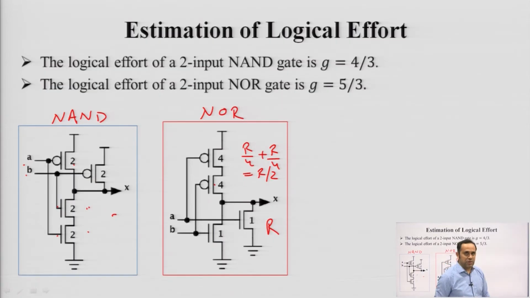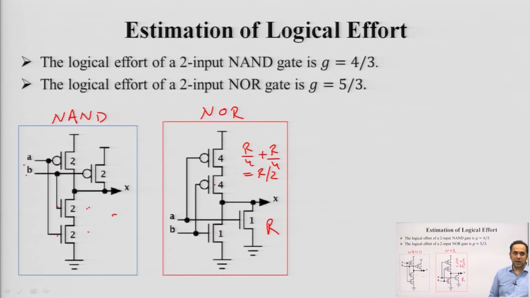So, coming back to the topic of logical effort, each input in the 2 input NAND gate is going to see 2 plus 2, 4 times C. Each input of a 2 input NOR gate is going to see 4 plus 1, 5 units of capacitance.